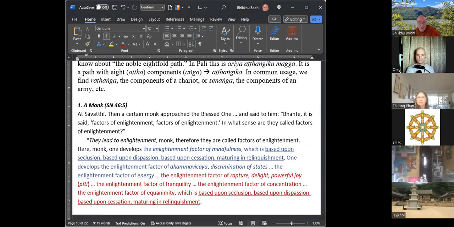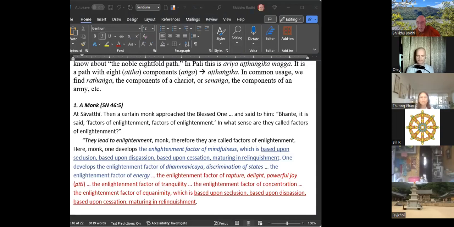Okay, now in some suttas, the 7 enlightenment factors are divided into 2 groups. One of them can be called the stimulating or energizing factors, and the other group can be called the calming factors or quieting factors. So the stimulating factors are the factors that we could say awaken, stimulate, and arouse the mind.